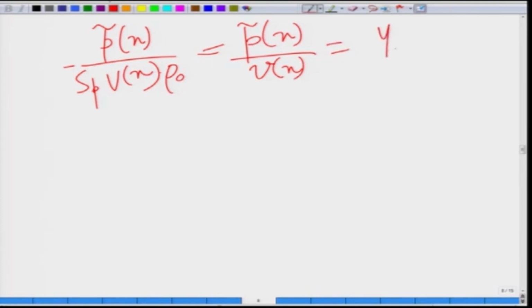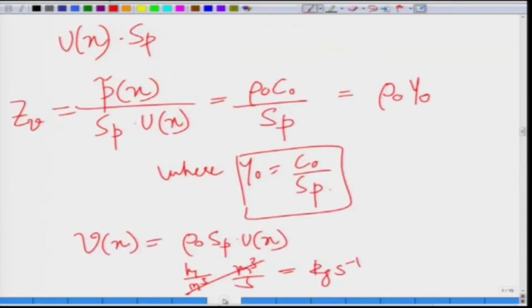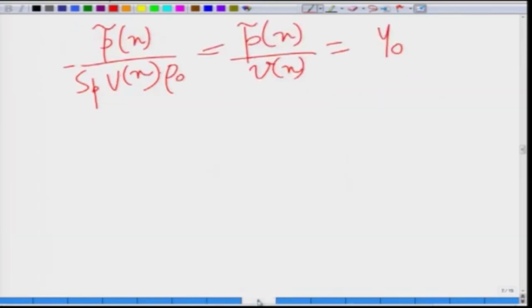So, we are eventually left with y naught, what we defined in the last slide. So, y naught is just like bringing this particular thing here in the denominator. So, basically the impedance with respect to mass velocity is given by y naught, which is nothing but sound speed divided by the cross section area of the duct.